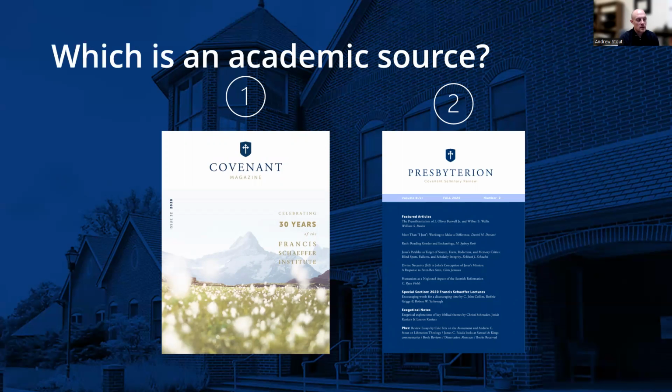And that's the case because the articles and essays that you find in Presbyterion are aimed at an academic audience. They incorporate some kind of a review process by which the contents of each contribution are reviewed by other experts to help ensure their quality.